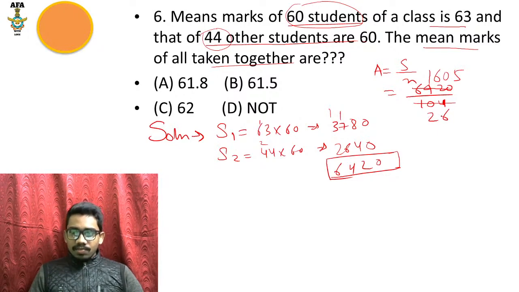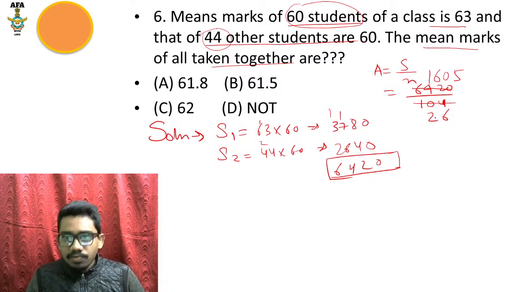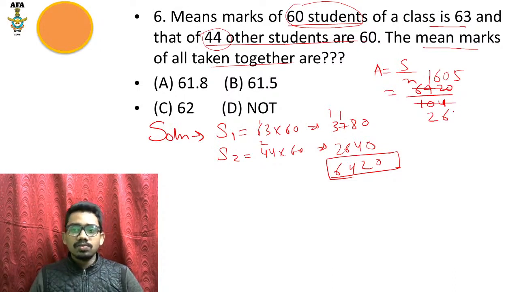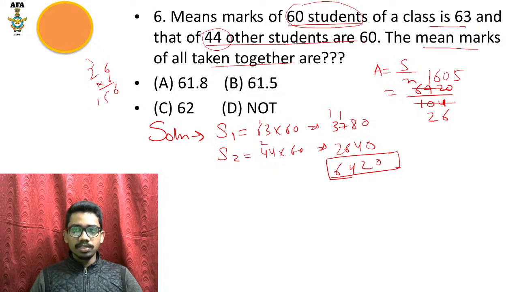So we will cancel the values again. If you cancel these values, this will be 26 into 6. 6 6s are 36, 6 2s are 12, so 26 into 6 will be 156.